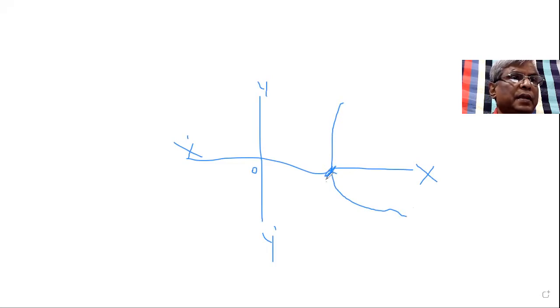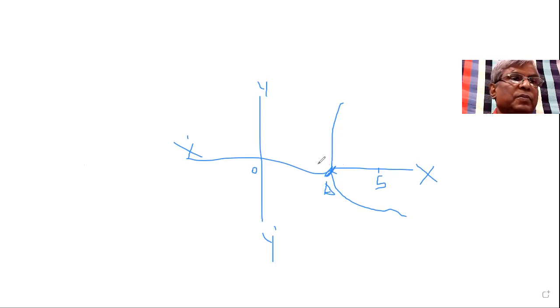If this is A and this is S, we have already discussed that S is the focus and A is the vertex. Then your primary task is to find this vertex. It means you have to find the coordinates of the vertex, just as you solve an equation and find the values of x and y.